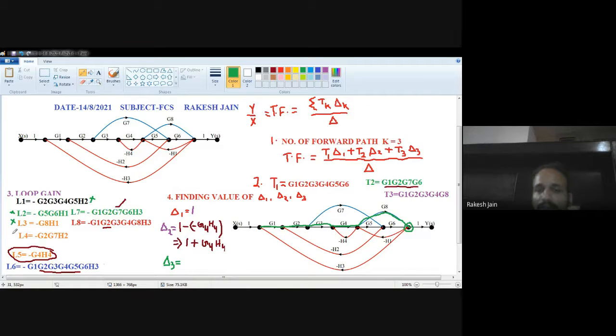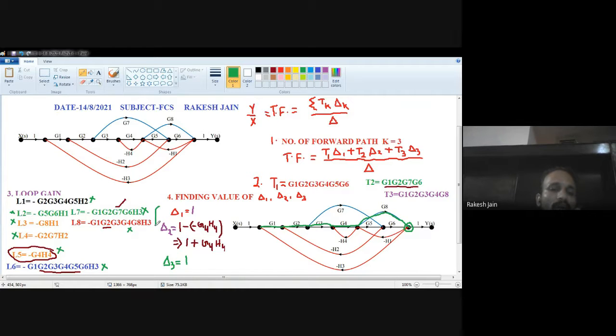Loop L4 consists of G2, so it will also touch. Loop L5 consists of G4, so it will also touch. Loop L6, loop L7 and loop L8 will also touch. I do it very fast because I know from the last two cases that whenever any gain value is in the loop, it means it is touching. So del 3 is also 1.